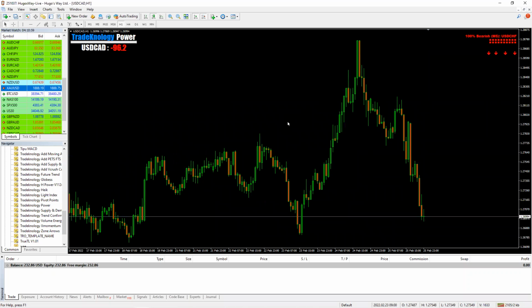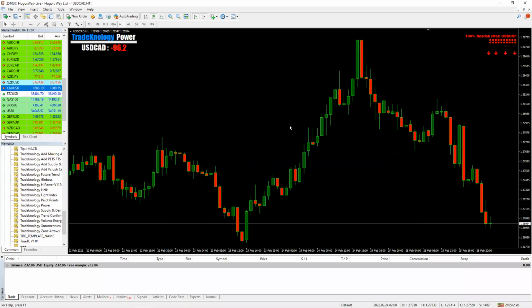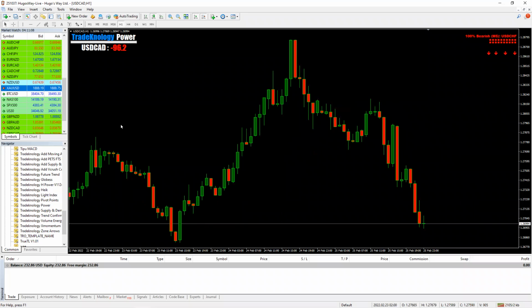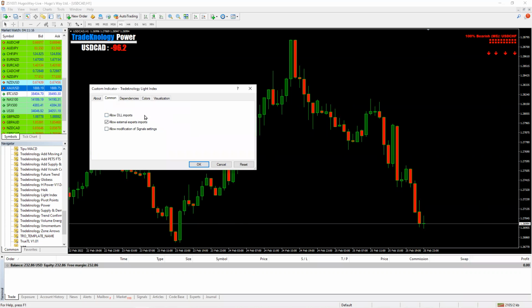All right, so we're back to a naked chart over here. Pull in a little bit so we can see it better. Okay. All right, so the next indicator is going to be the light index.